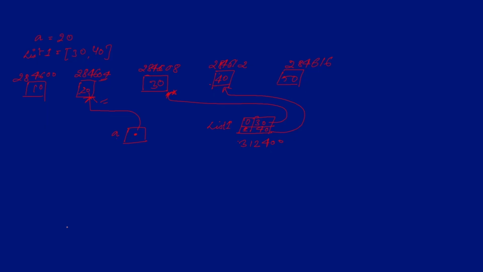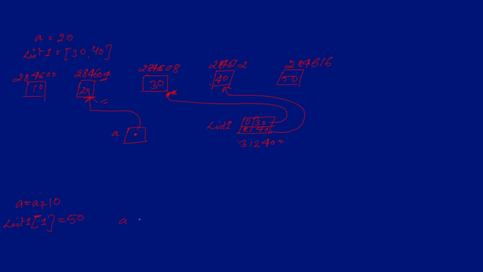Now let's say we do a equals a plus 10, and we change list1 at index 1 to 50.